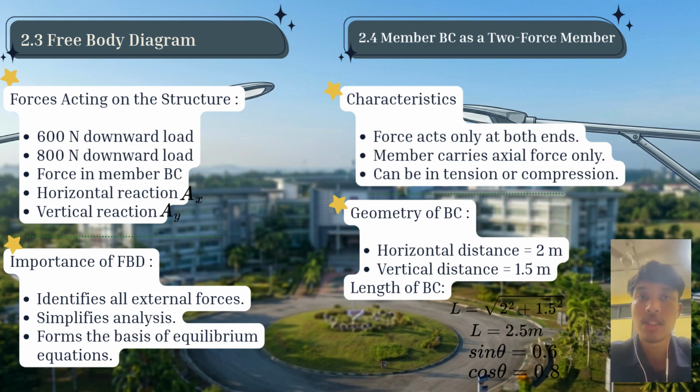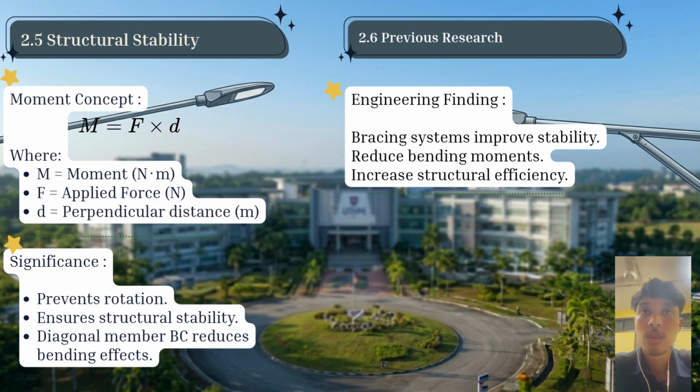during the analysis. For 2.5 moment equilibrium and structural stability, besides force equilibrium, moment equilibrium is equally important because a structure can fail due to rotation even if the forces are balanced. A moment is calculated as the product of force and perpendicular distance from the pivot point.